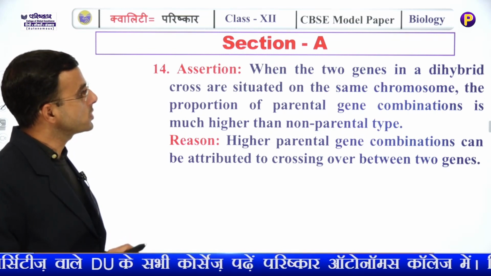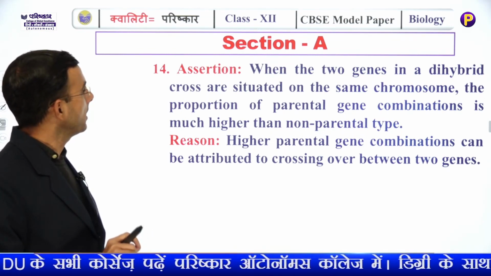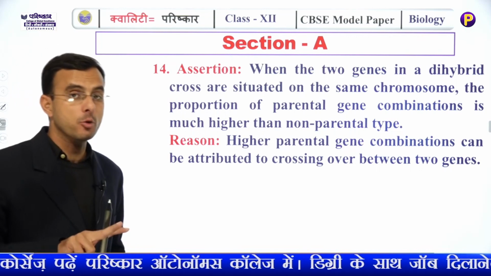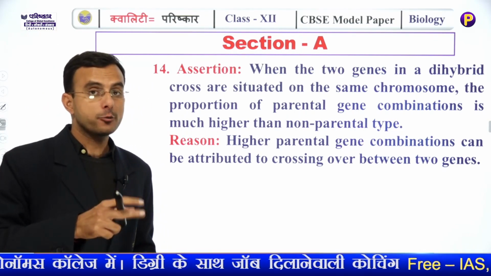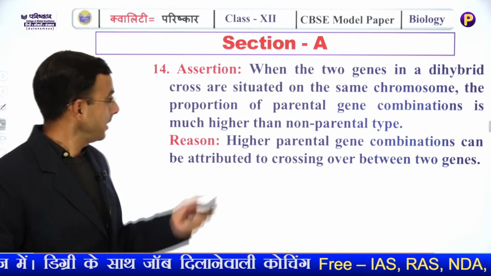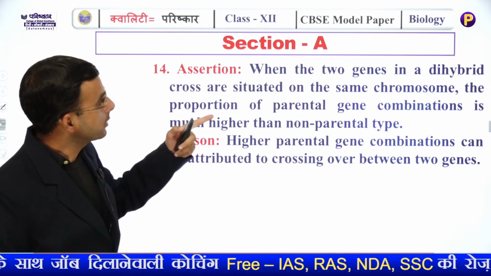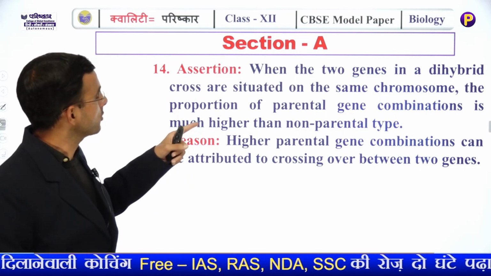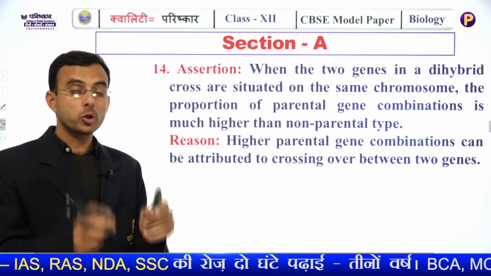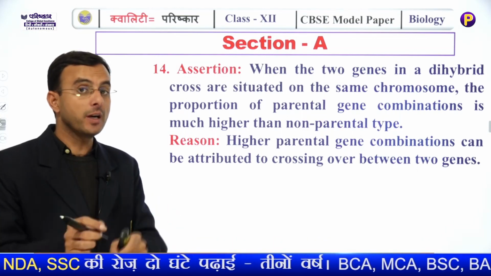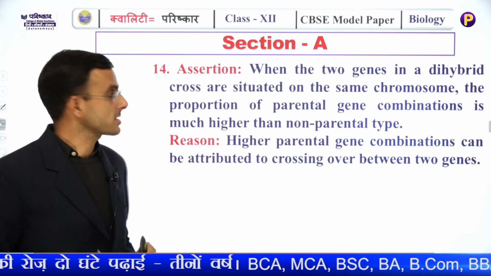When two genes in a dihybrid cross, meaning the cross involving the transmission of two characters at a time, are situated on the same chromosome, that means both the genes, which are for different characters, are located on the same chromosome.